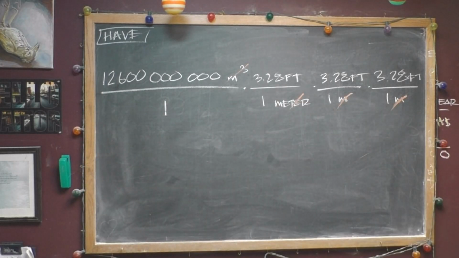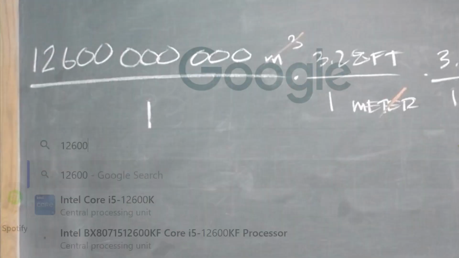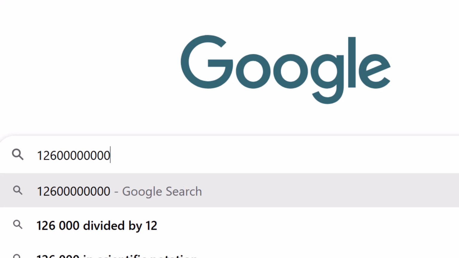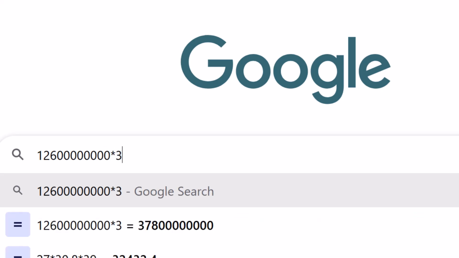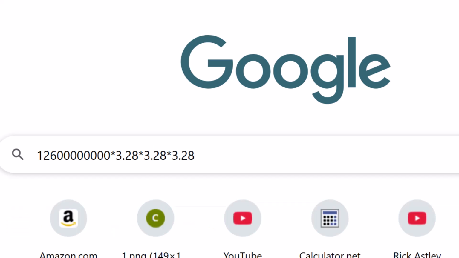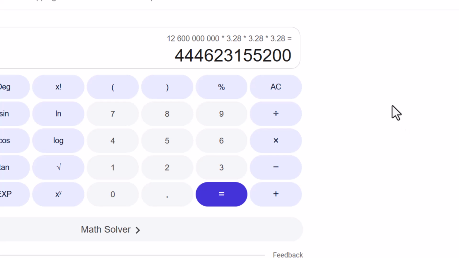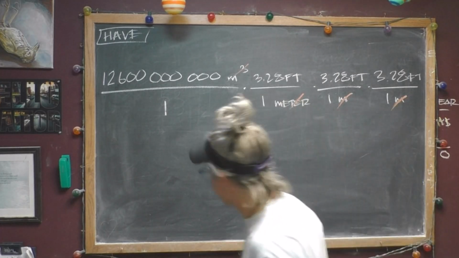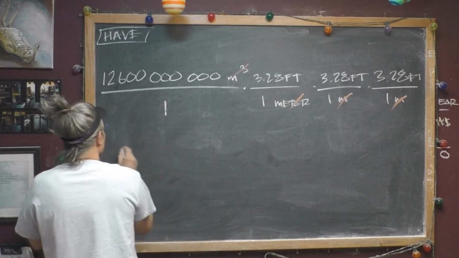Give me a sec here, and let me work this out. That's 1,000, million, billion, and then we're going to multiply that by 3.28 three times to get it into cubic feet. Oh, wow, that's a big number. 444,623,155,200. I don't even know what this number is yet. I'm going to bring it down here.